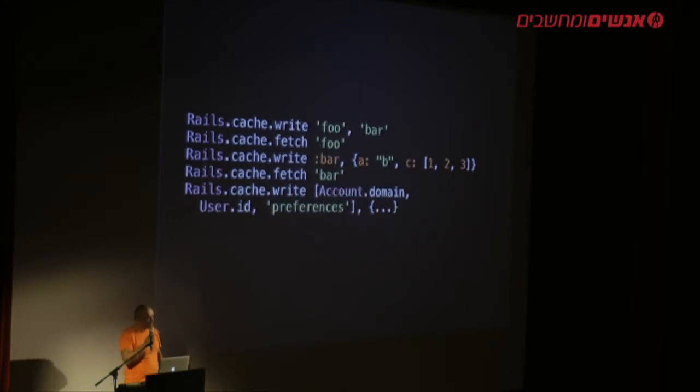You can also use compound keys consisting of an array or a hash of different things, and actually just an array will work as well. Internally, Rails will transform this key into a string, because on the low level everything still is a string when you access a caching store.